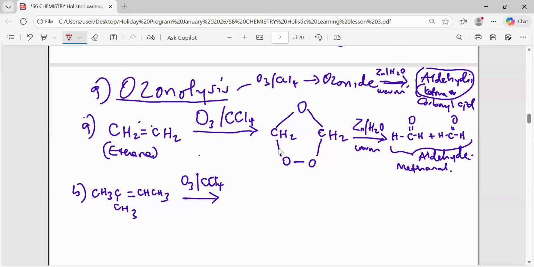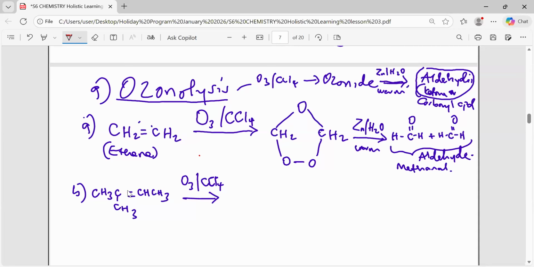You call it 1, 2, 3, 4, 5. It's like having 5 atoms in a circle, they are cyclic. Because this ozonide is in a cyclic format, and a 5-sided figure is a pentagon. So that's why we normally form that pentagonal shape, which you can easily identify.